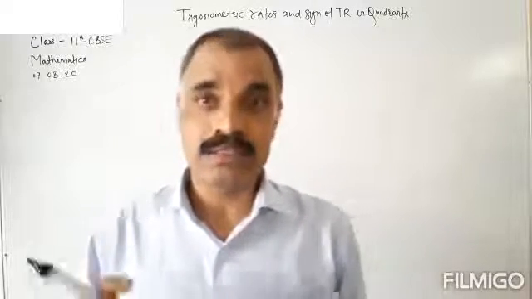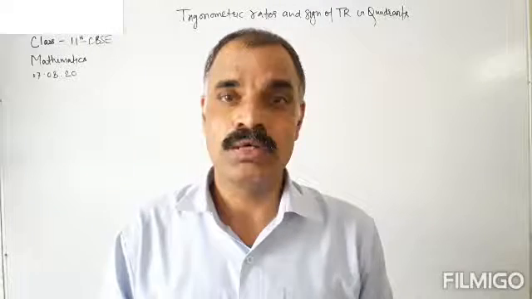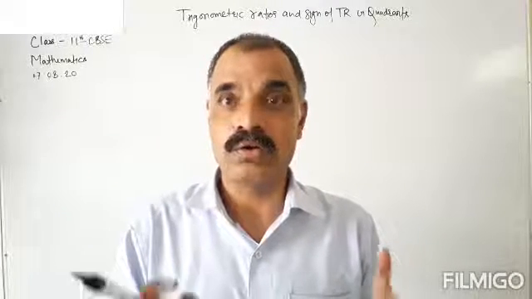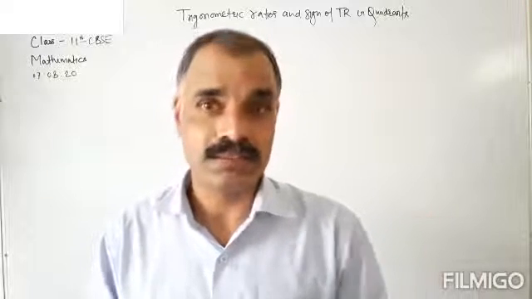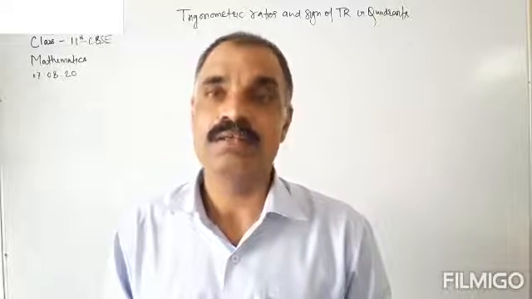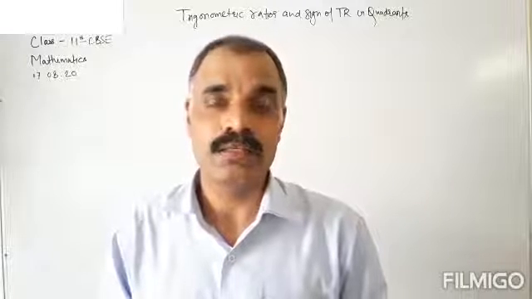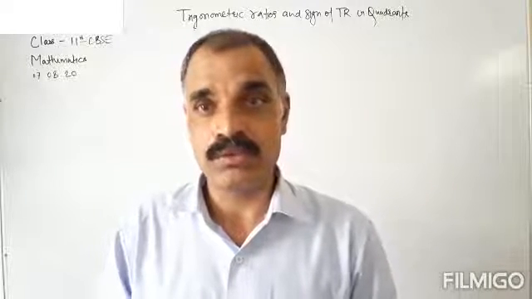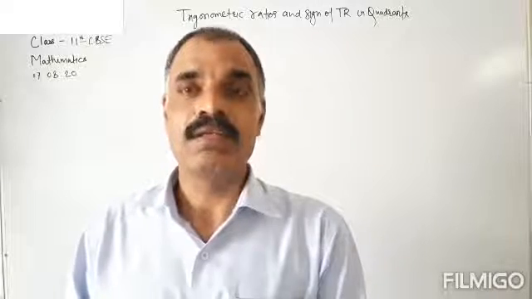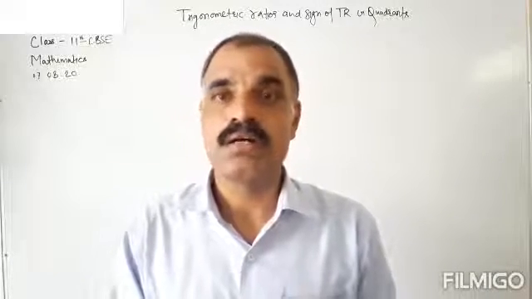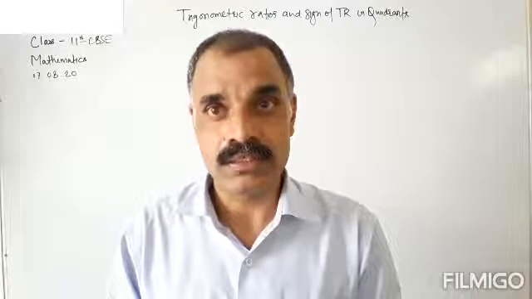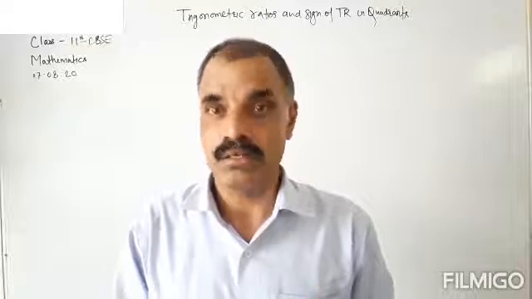You have already had a long study about the trigonometric ratios in previous classes also. So in class 11th we will again start our study from trigonometric ratios, then we will discuss trigonometric functions, then the sign of the trigonometric ratios in different quadrants.